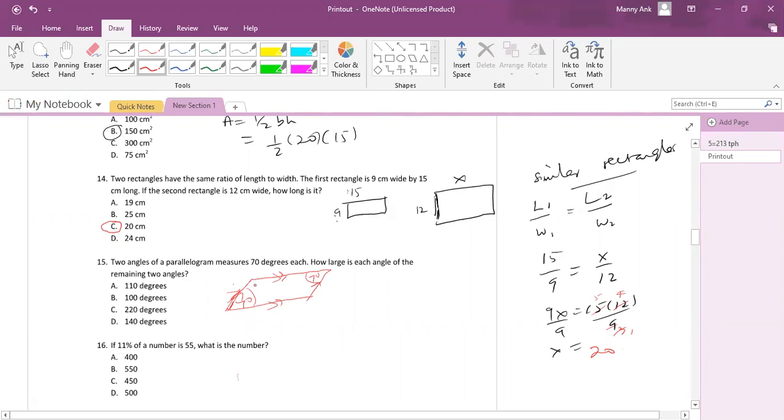And I want to find, let's put x for this angle here. We don't know this, we don't know that, missing. But we know that if I add all the angles in the parallelogram, I should get 360 degrees. Or if you take one side, the angles on the same side should add up to 180. That's another approach. So 180 minus 70, then we have the answer as 110.